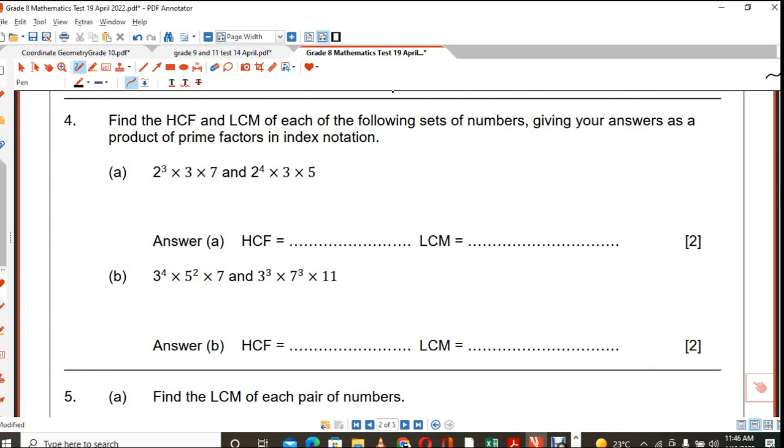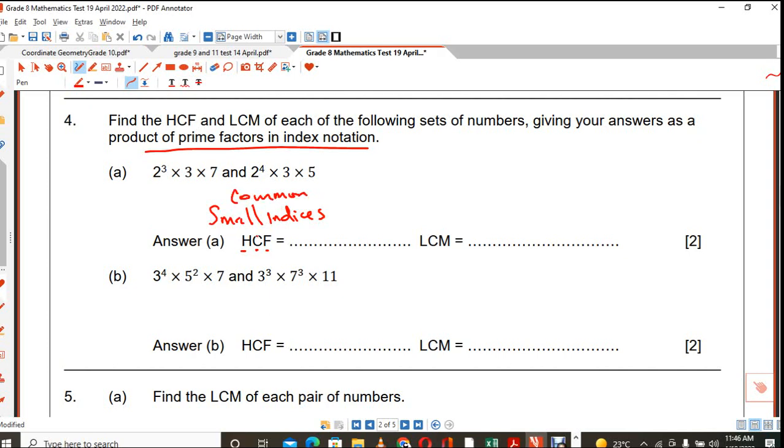You will see. Here, you were just supposed to write your answers as product of prime factors. I didn't want those big numbers. This is an instruction. When you're looking for the highest common factor, you must take the one with the small indices, and you must only take what is common.